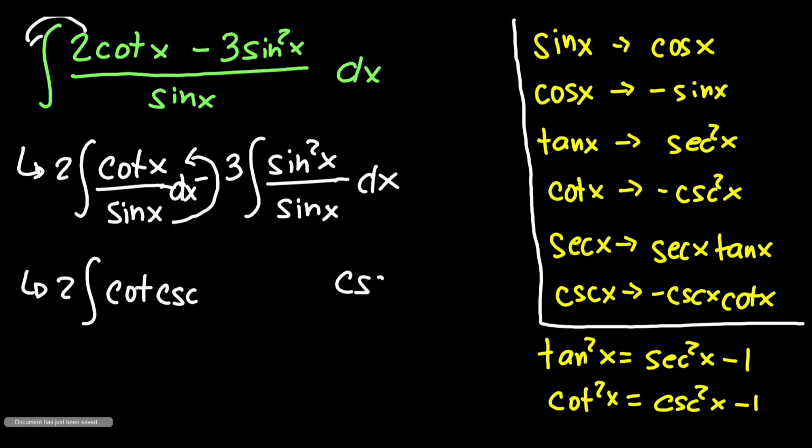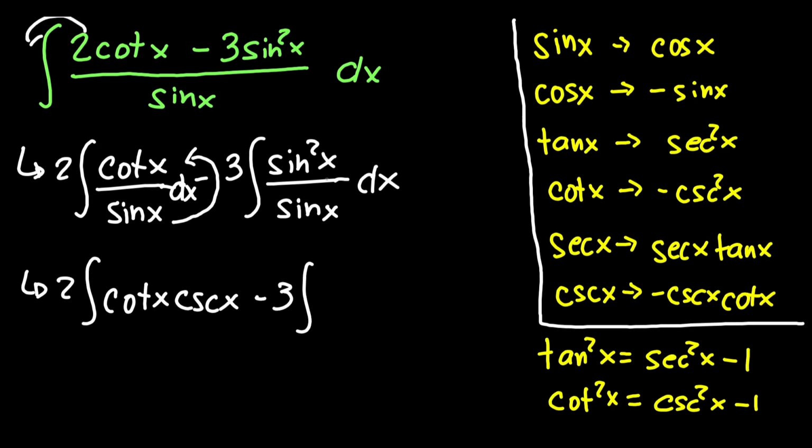Note that cosecant of x is equal to 1 over sine of x. So this should be equal to cotangent of x multiplied by cosecant x minus 3 integral of, so this will be divided, so you are left with sine x here dx.